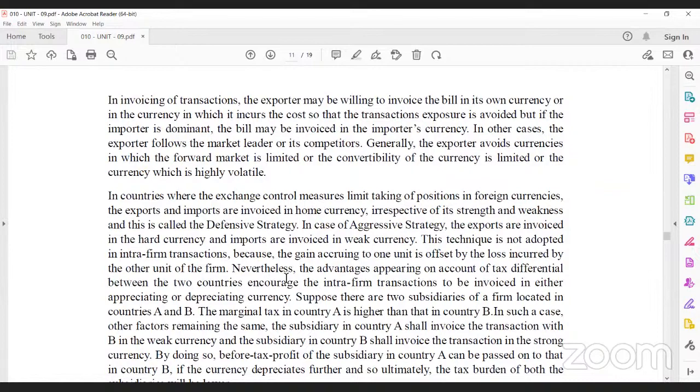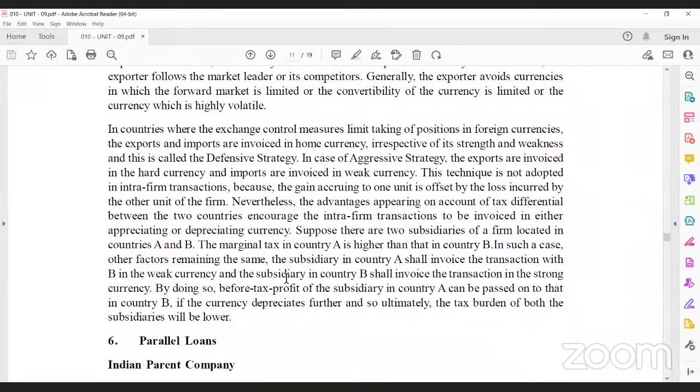Generally, the exporter avoids currencies in which the forward market is limited or which are not convertible. The advantage appearing on account of tax differentials between two countries encourages more intra-firm transactions.